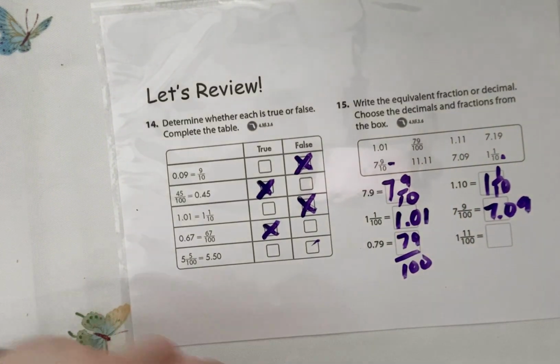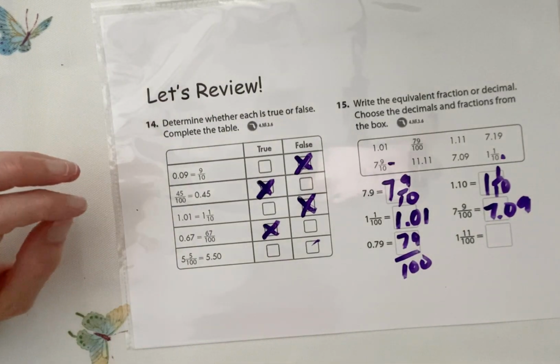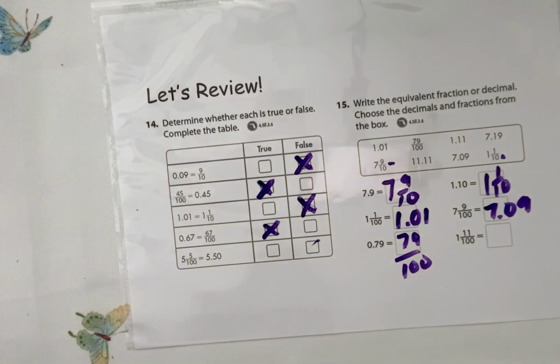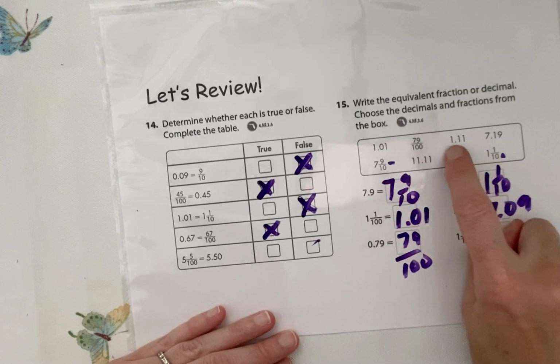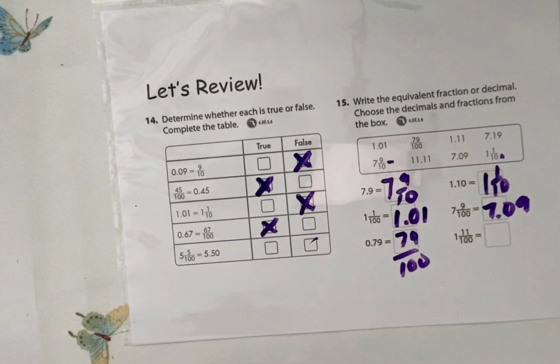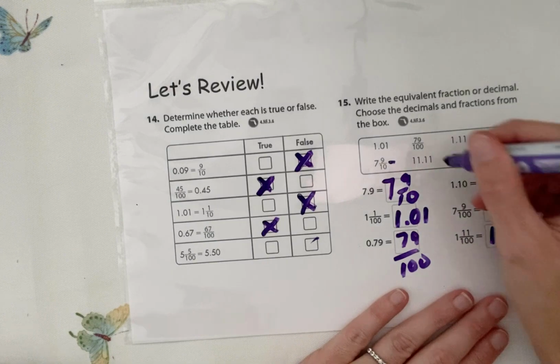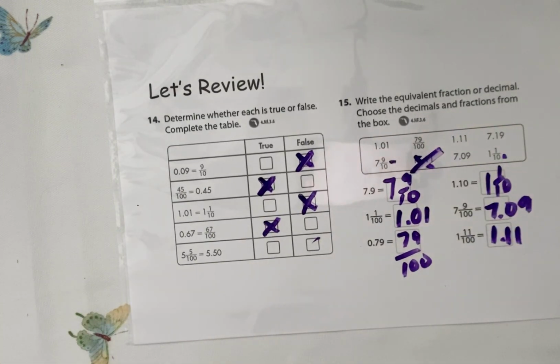And so finally, 1 and 11 hundredths. Now there's two that look awfully close. Do these two look a lot alike? How do I say this one? 1 and 11 hundredths. So it would be this one right here. No, we don't use that one.